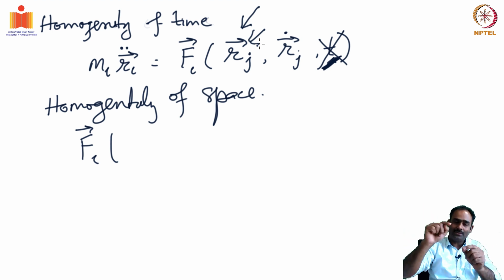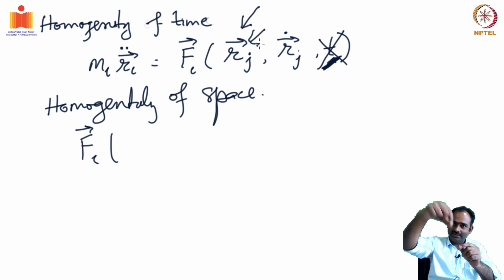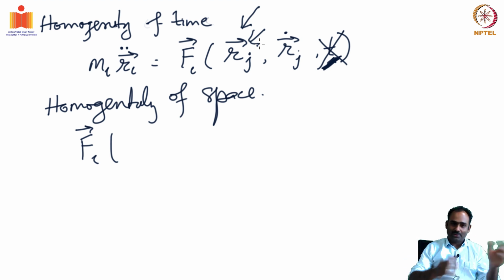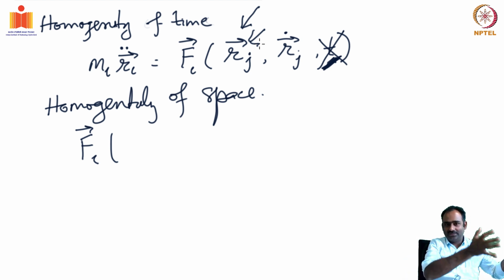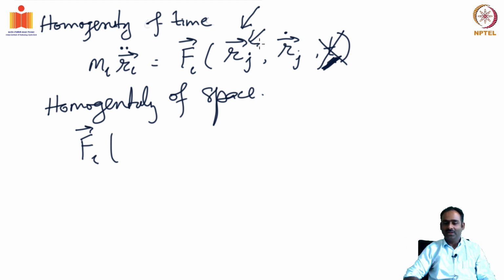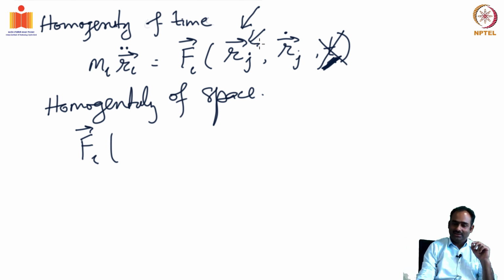But what it should care about is the separation between this and that. We are talking about the forces on this. So the separation between this and that, this and that, this and that. Because everything should give the same answer if I translate from here to there. Meaning the forces cannot depend on the locations of all the particles, but rather only on their differences.